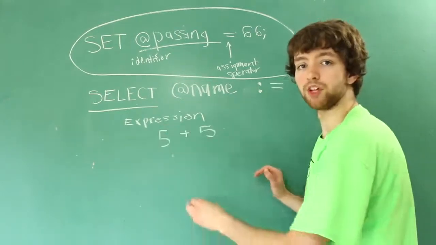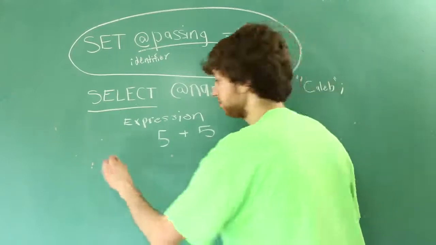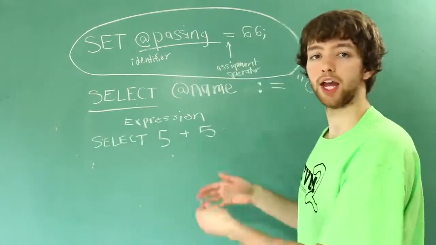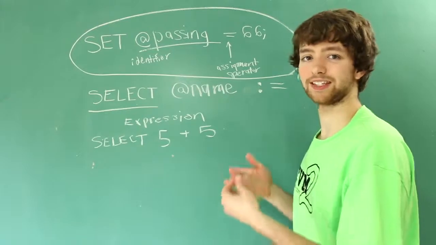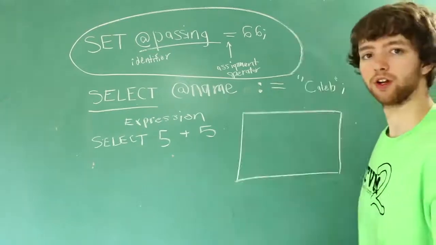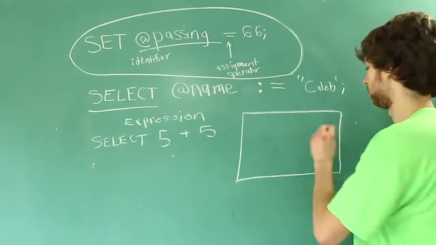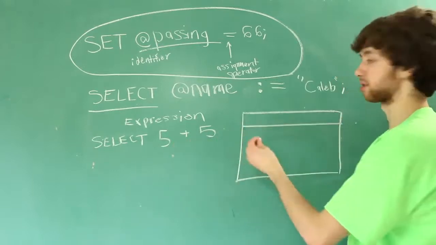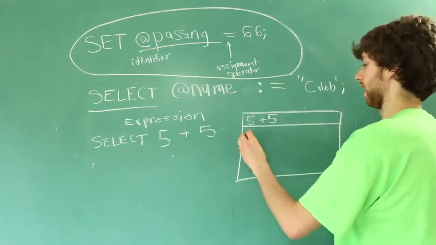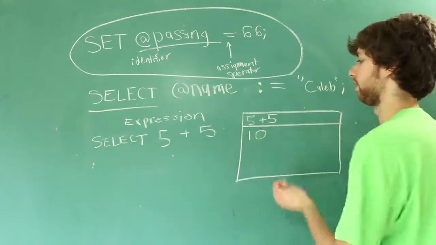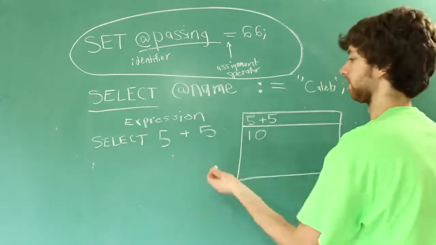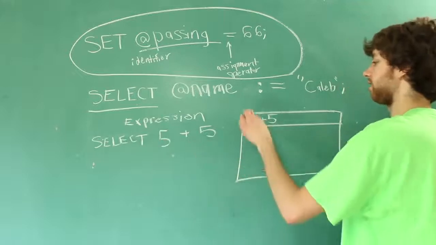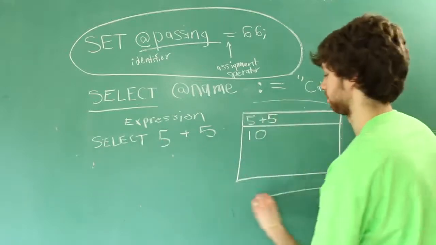If we were to do something like select 5 plus 5, we are going to get back a result table that says 10. So normally when we have a result table, the column name is up here. Instead, it's going to be the expression, and then we'll get the result under that. So if you go select 5 plus 5, you're going to get this result table.